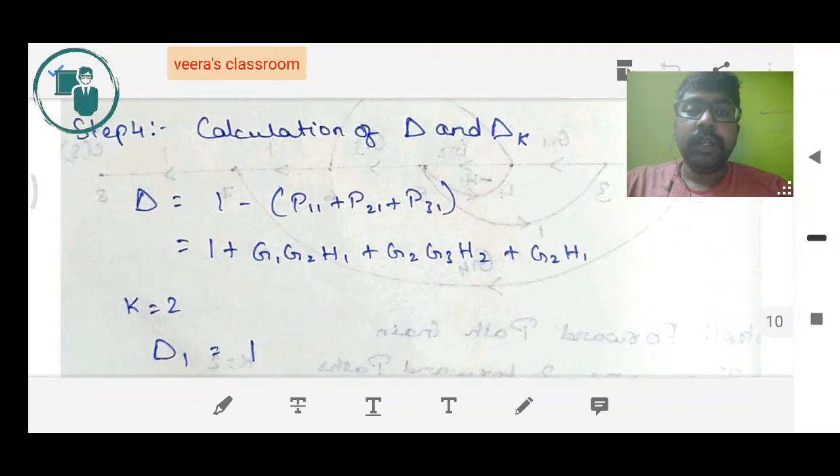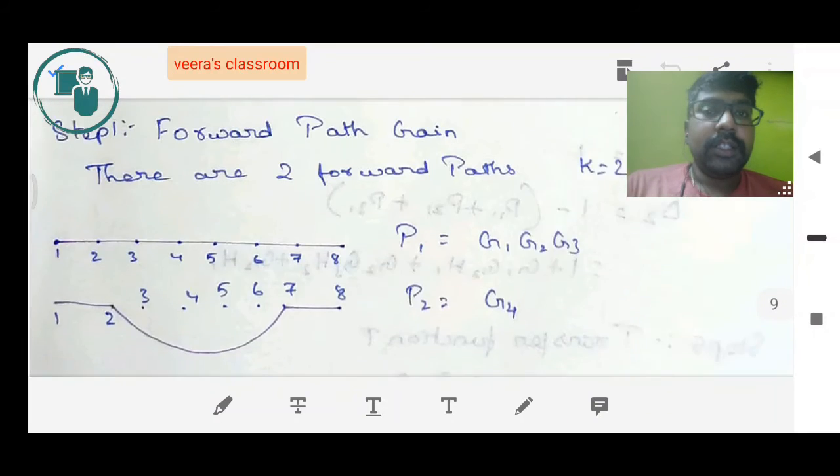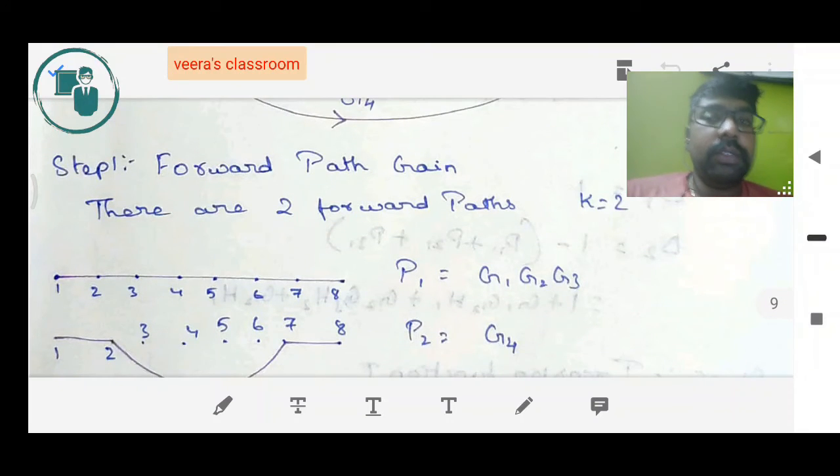So del 1 is equal to 1. Why is del 1 equal to 1? Because the forward path 1 involves the nodes 1, 3, 4, 5, 6, 7, 8, and we have found that 4 and 5 are common to all 3 individual loops. So none of the individual loops skips the first forward path, they all touch it.